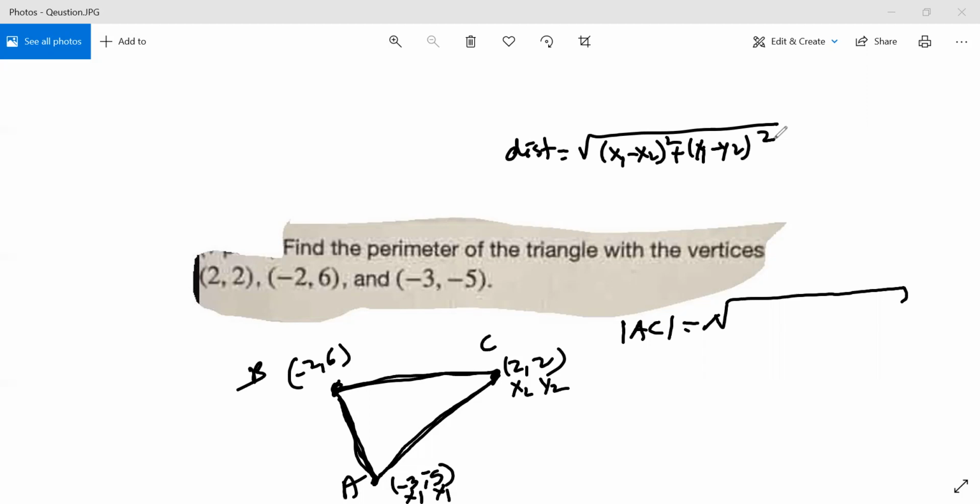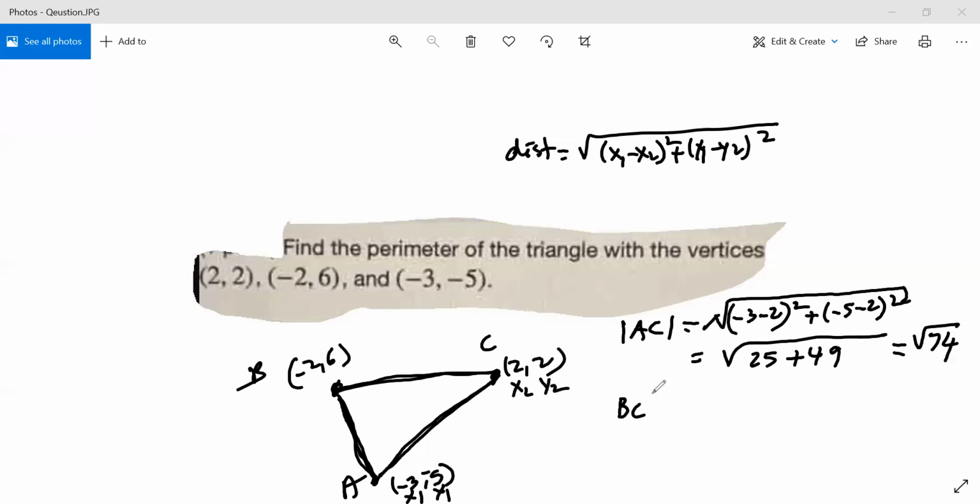So using this formula, we'll have (-3 minus -2) squared plus (-5 minus 2) squared, which is negative 5 squared, that's 25, and negative 7 squared, 49. If you add these two numbers, you get 74. So this is the square root of 74. That's AC.